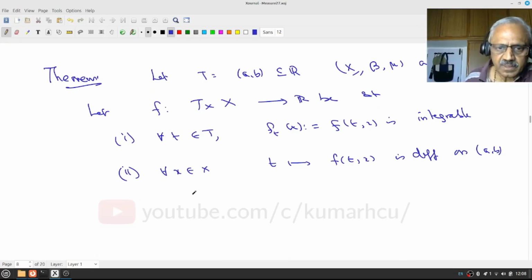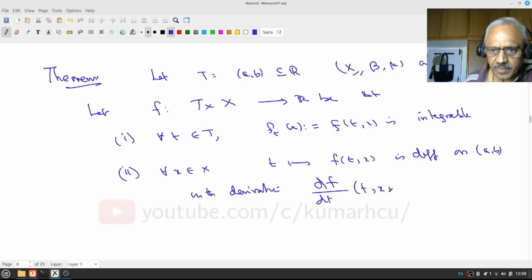With the derivative, let us call it, as a notation, df by dt of (t, x). Notice that if my X happens to be something like Rn or R, then it becomes a function of real variables, right? Maybe vector variable x, y or something, or t, x. X is also a real variable.